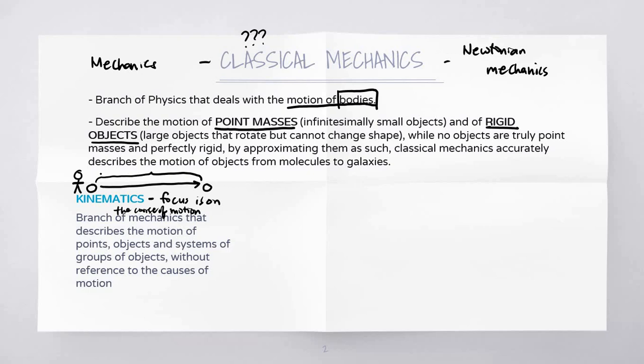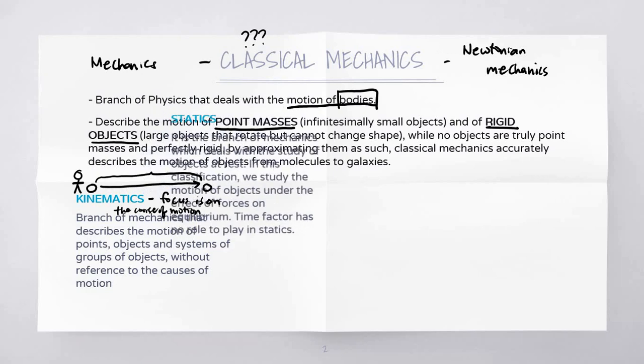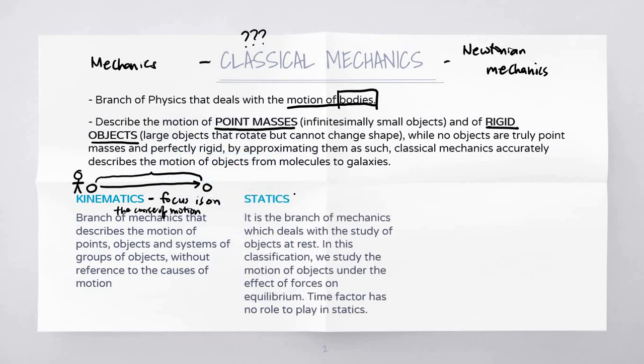All right. So aside from kinematics, there are also two other sub-branches of classical mechanics. The other one is statics. In statics, our focus is on objects that are in a state of equilibrium.